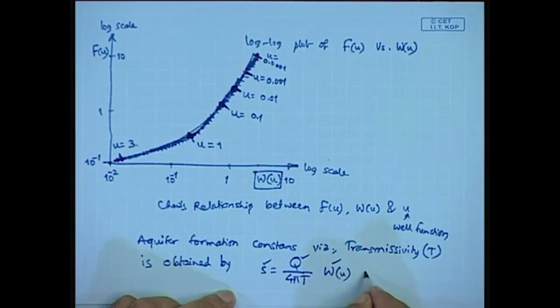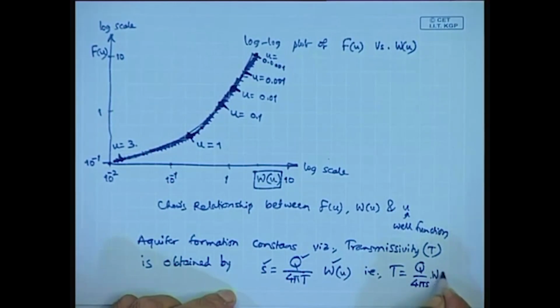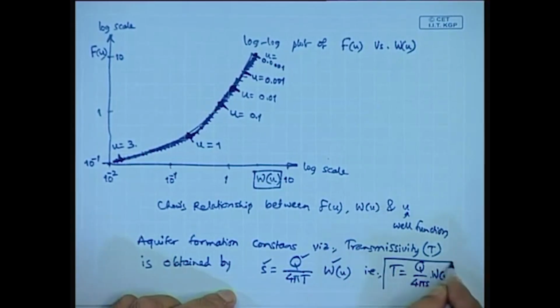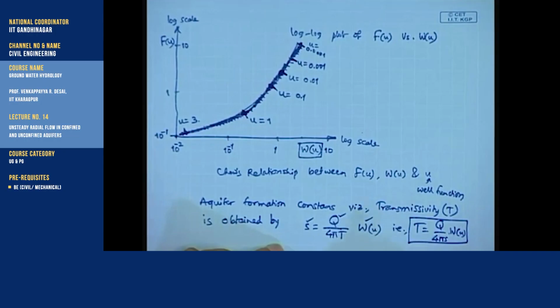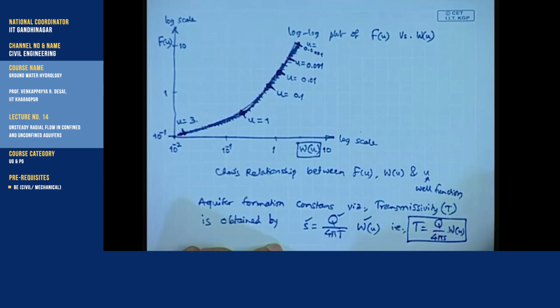So the transmissivity T is equal to Q divided by 4 pi S into W.